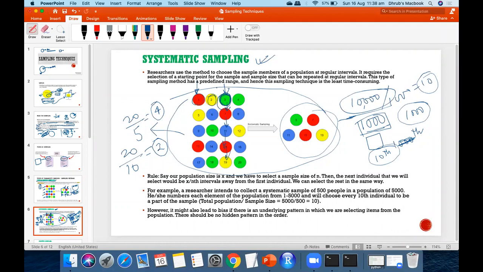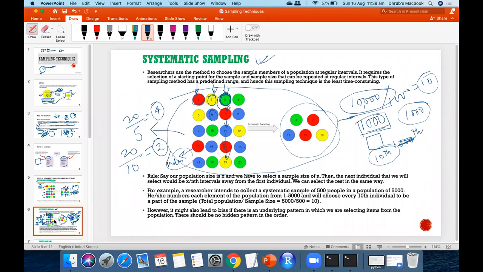So always you will get the sample as female. Yes or no? You will get 2, 4, 6, 8, 10, 12, 14, 16, 18, 20. That will all be female. So your representation of a particular community, that is male, is missing. You understand? That is the bias that comes with systematic sampling. Understood what I'm talking about?